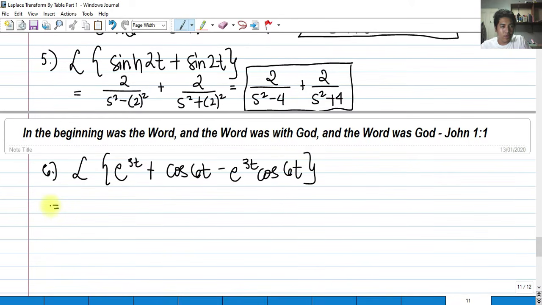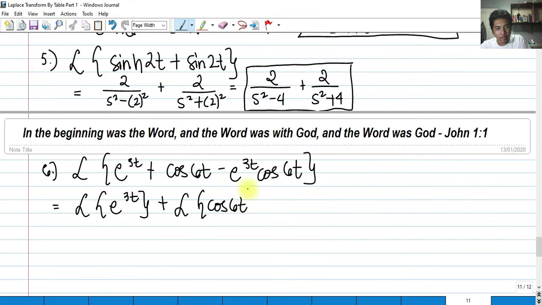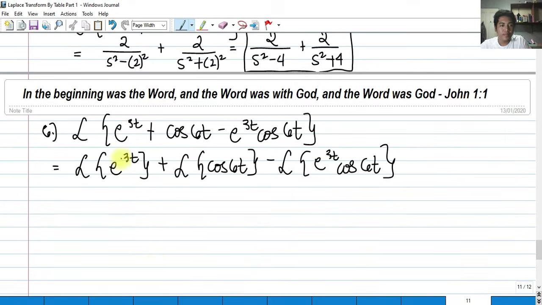So, we have to evaluate individually the Laplace transform of this. Minus the Laplace transform of e raised to 3t cosine 6t. And again, this is pretty easy.